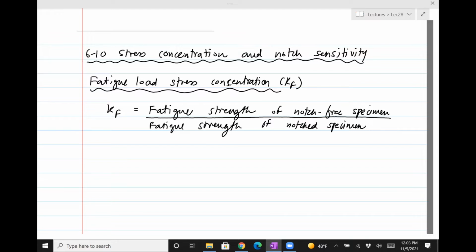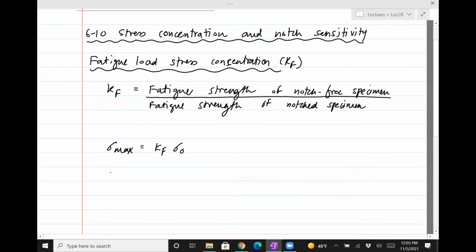Yeah, so what we can do is we can define the maximum stress as Kf times sigma 0, just like we defined it for static loading. And similarly, we can define a similar factor for shear stress, and I'll call that Kfs tau 0.